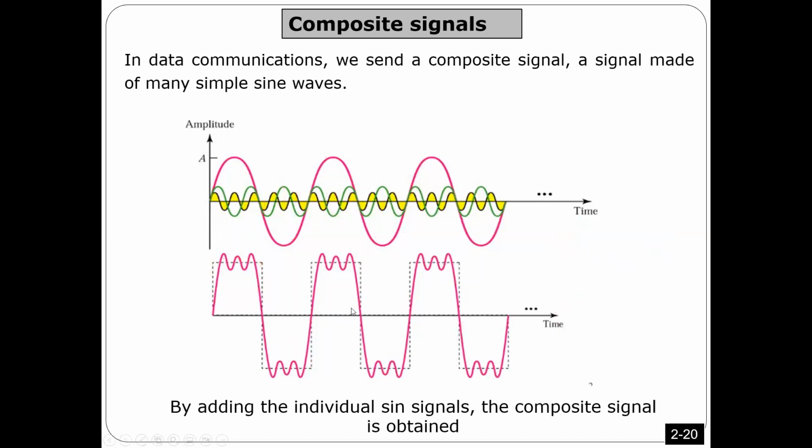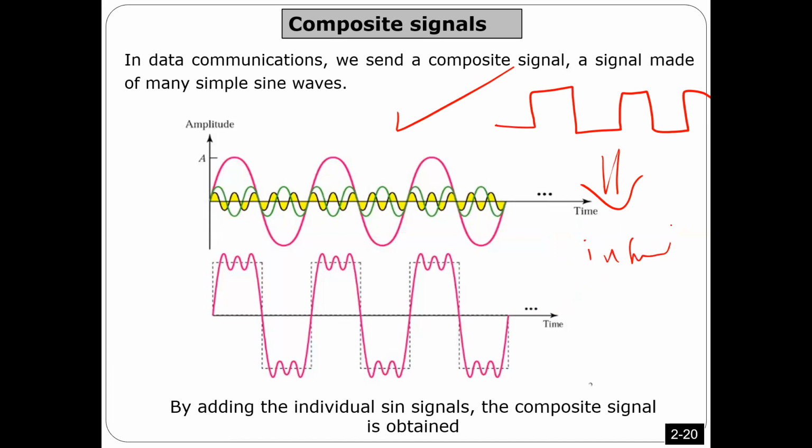If you have a signal like this one, as I told you, it has many frequencies. If I add all the frequencies together, I'm going to get this signal. That's what I told you, right? But this signal actually has an infinite number of frequencies.